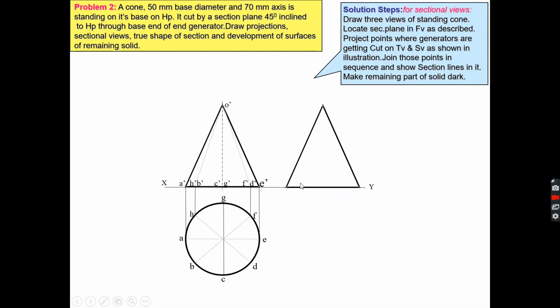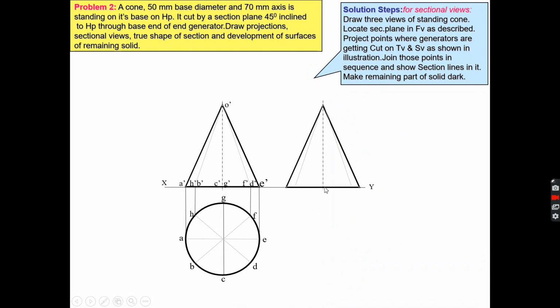So here the end point will be G, this point will be H, this point will be A, this point will be B, this point will be C, and again H. This point F is just behind the point H, so this point will be F also.